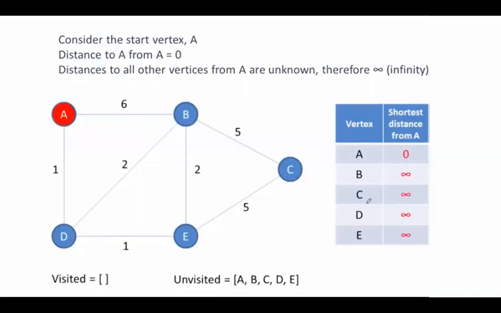There is no path yet, so for all other vertices we keep it as infinite. This is the initial condition from where we start. Is it clear? A to A is 0, and the rest are infinite. Next.